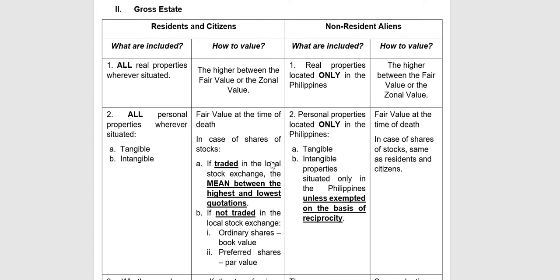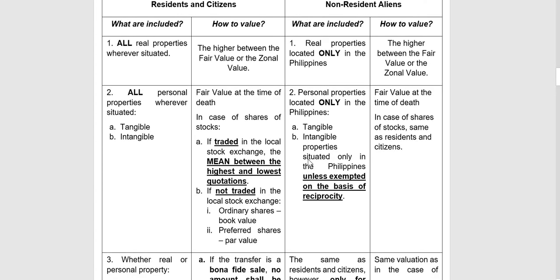Okay? Same goes here. So if may US citizen na may property sa Philippines, hindi po na-tax-an. That's reciprocity. So if with reciprocity, exempted yung intangible property na ang situs is within. However, pag without reciprocity, taxable siya. Included siya in the gross estate. Okay?